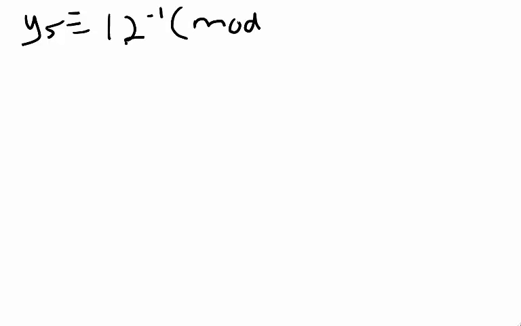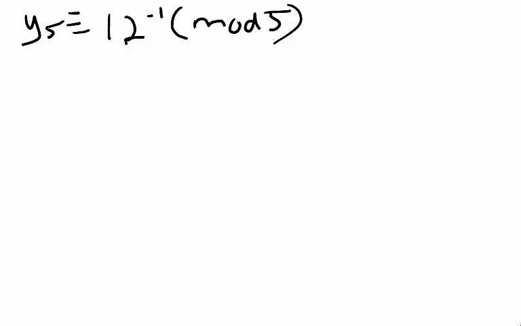Finally, we find the modular inverse for y sub 5. We set y sub 5 congruent to 12 inverse mod 5. And since we're in mod 5, possible remainders are 0 through 4.